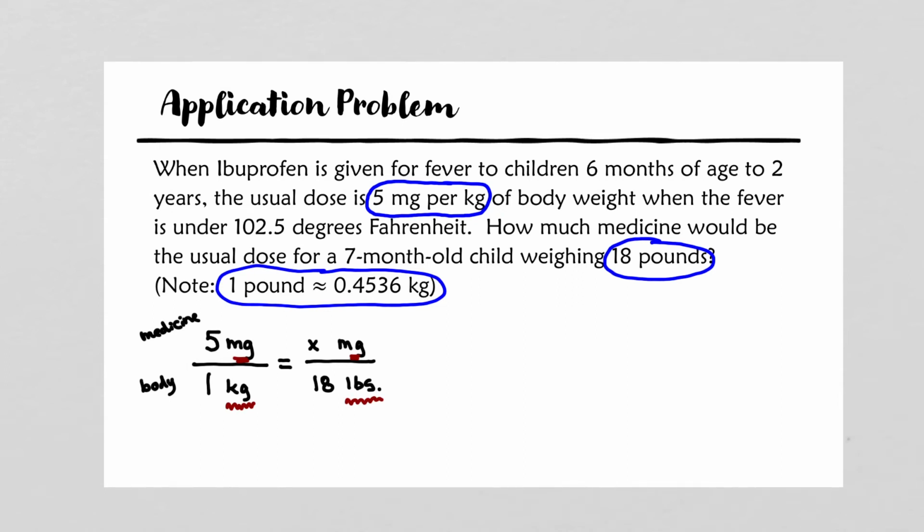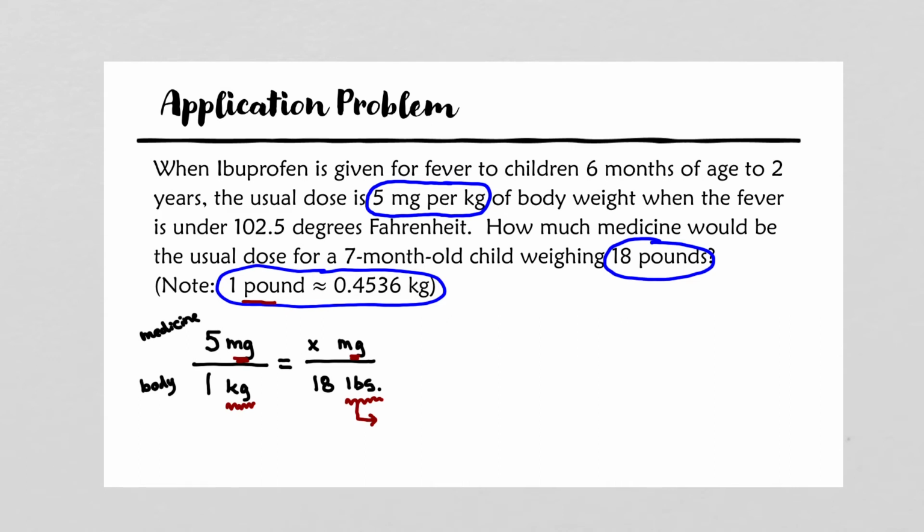We either need to convert both of our units into kilograms in the denominator or both of them into pounds. Based on the information I'm given that 1 pound is 0.4536 kilograms, I am actually tempted to take the pounds right here and convert them into kilograms. Namely, 1 pound is 0.4536 kilograms.